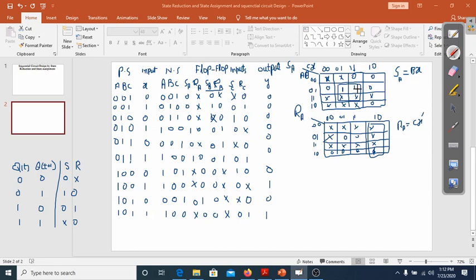Okay, now I will work for SB. For SB, let me modify this Karnaugh map.